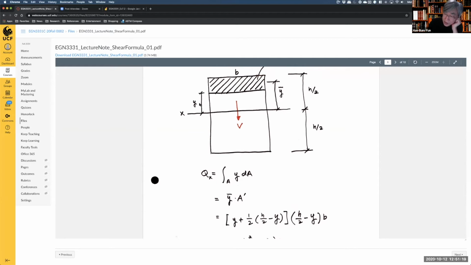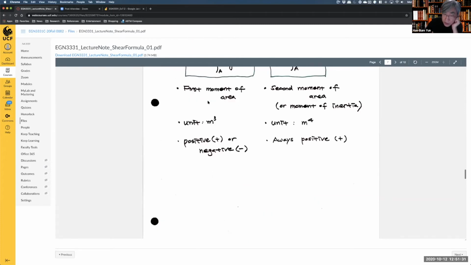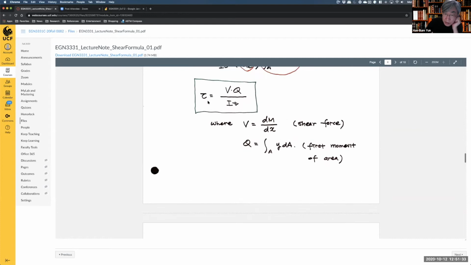So then your tau is a function of Q, right? So let's go back to the shear formula.